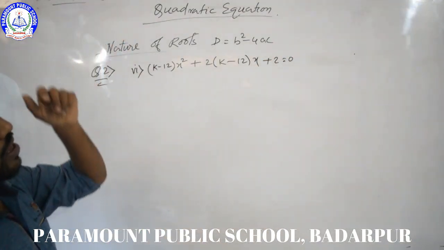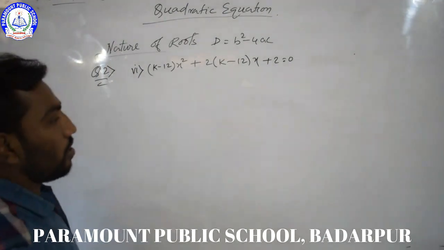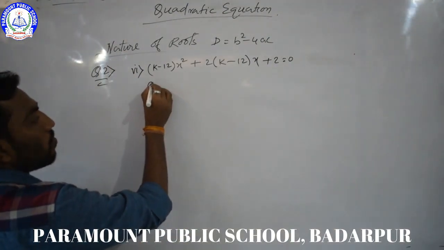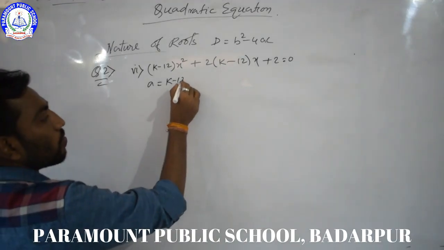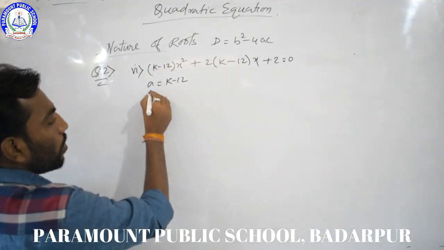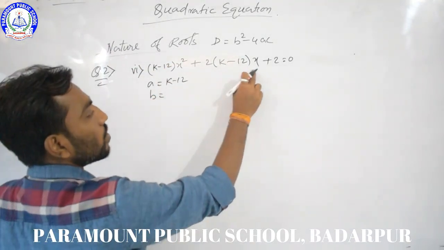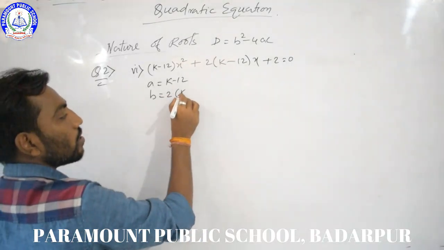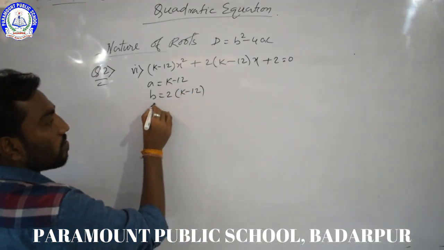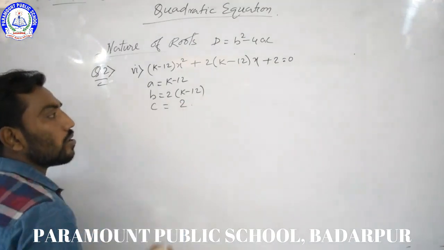So our first work is to find a, b and c. We can see our a value is k minus 12. Our b value is 2 into (k minus 12) and our c value is nothing but 2.